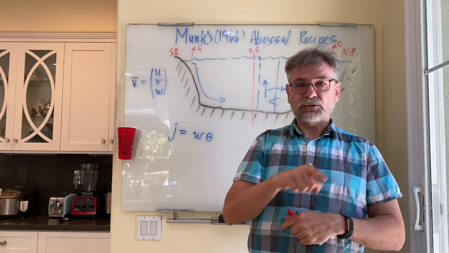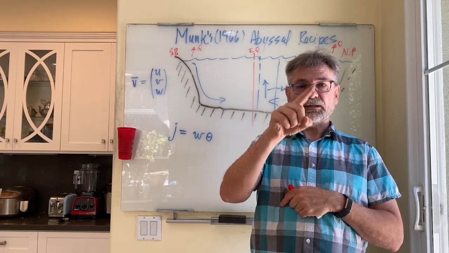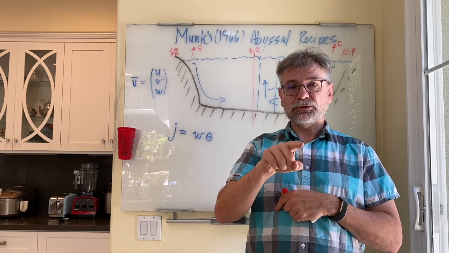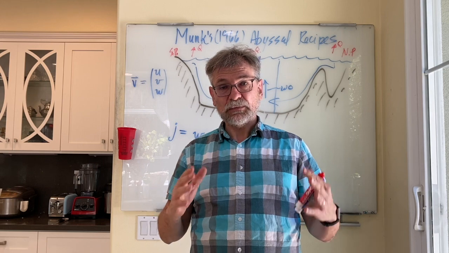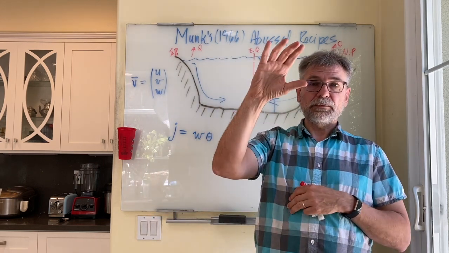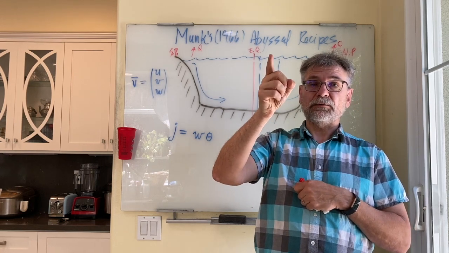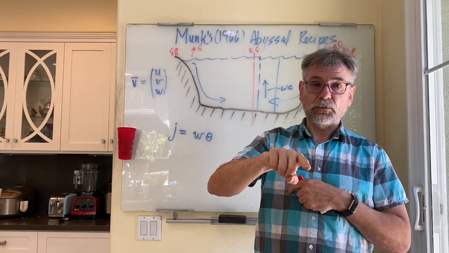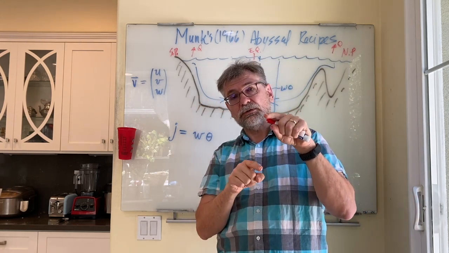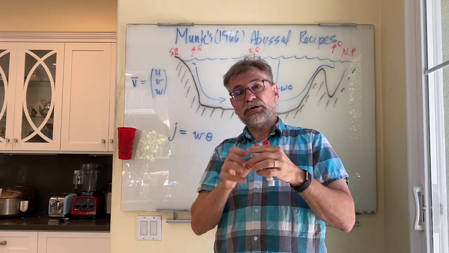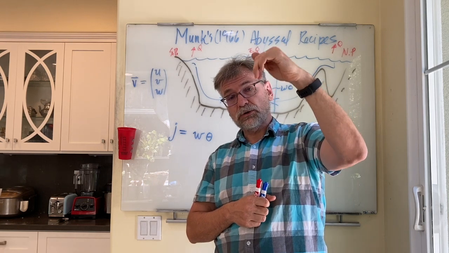If you have an eddy that's overturning and the water is homogeneous, the same temperature everywhere, then the branch of the eddy that's flowing downward carries water at the same temperature as the branch that's moving upwards, and there's no net transport of heat. If, on the other hand, the water is warm above and cold below, then the part of the eddy that's flowing downwards is carrying warm water down, whereas the part that's flowing up is bringing cold water upwards. And the net effect is you have a mixing of heat from warm water to cold water.